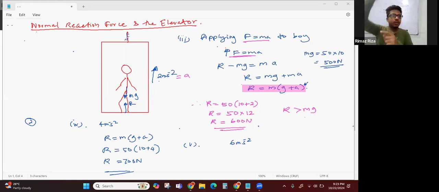The cable is connected to the motor, right? The motor rotates and it will push this lift upward with this acceleration. So this entire lift is moving with this acceleration, 2 meters per second squared. Okay. Is that clear? Yeah.